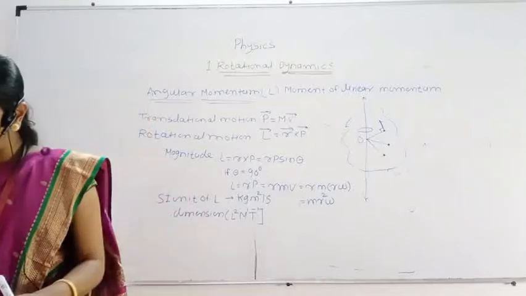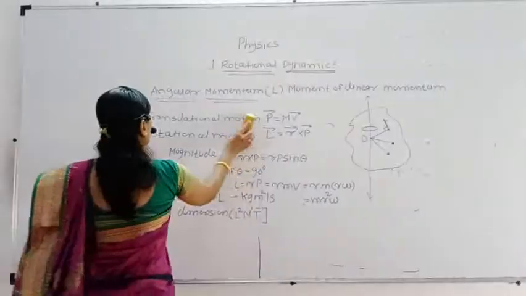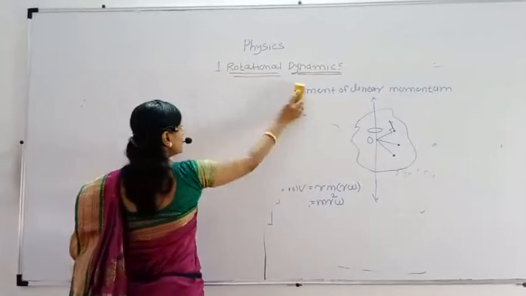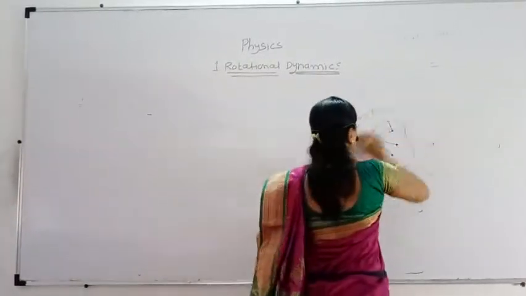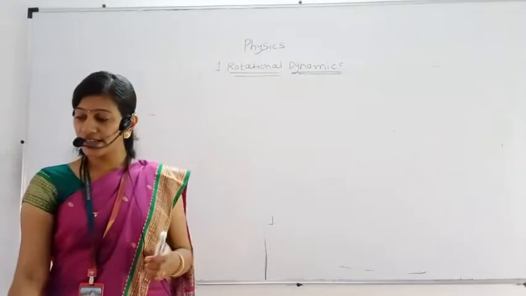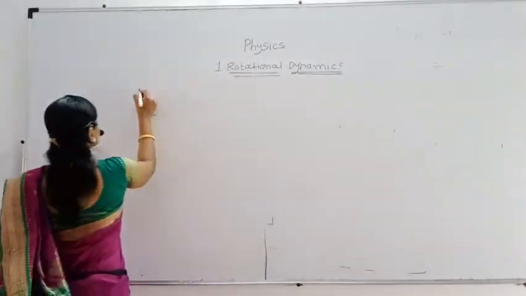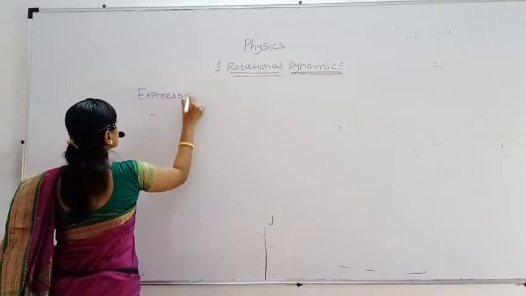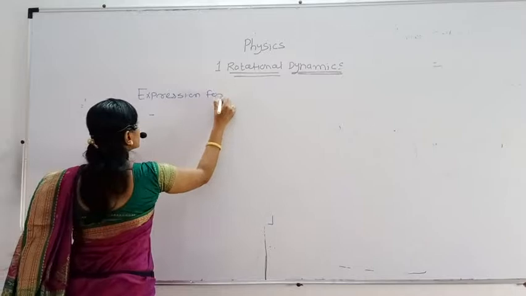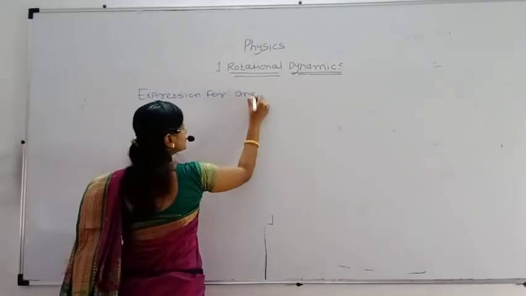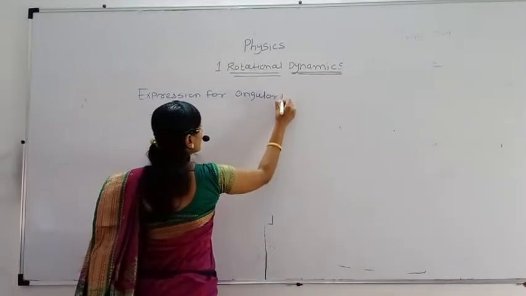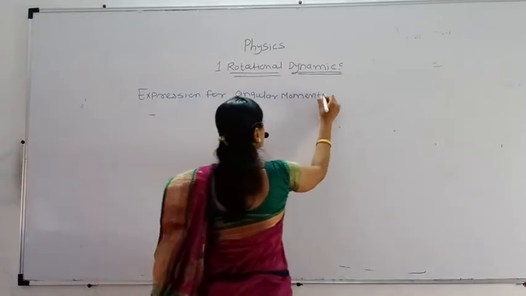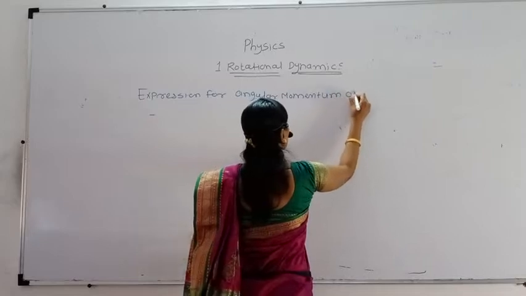Next, we are going to find the expression for angular momentum of a rotating body in terms of moment of inertia.